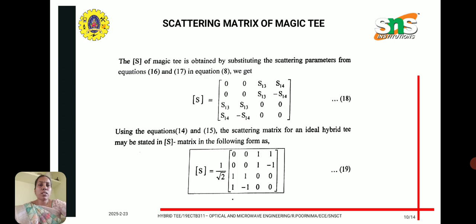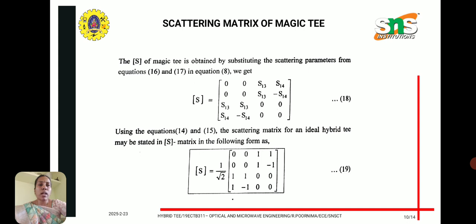The S matrix of magic T is obtained by substituting the scattering parameters from equations 16 and 17. So the S matrix becomes 0, 0, S13, S14; 0, 0, S13, minus S14. Here we can see that S11 and S22 become 0.